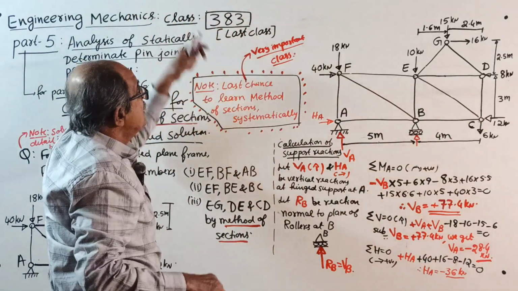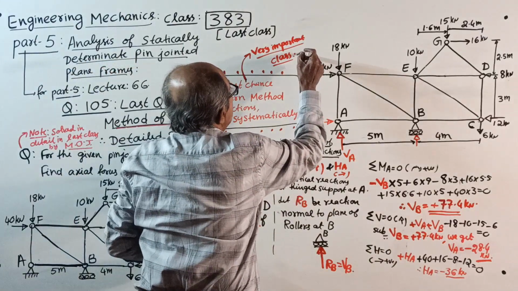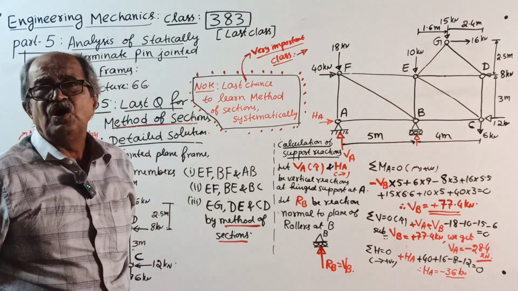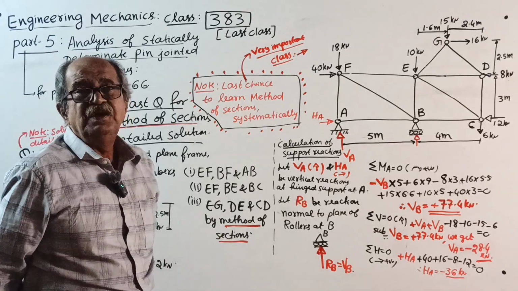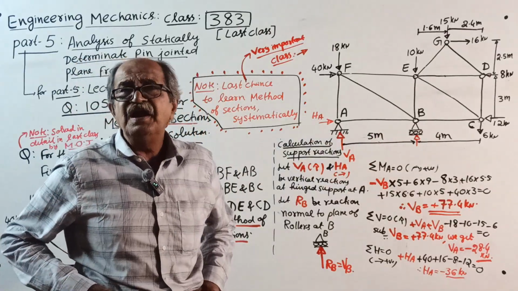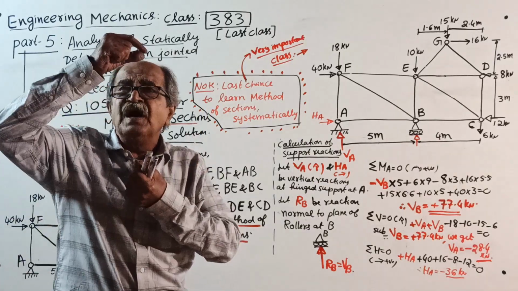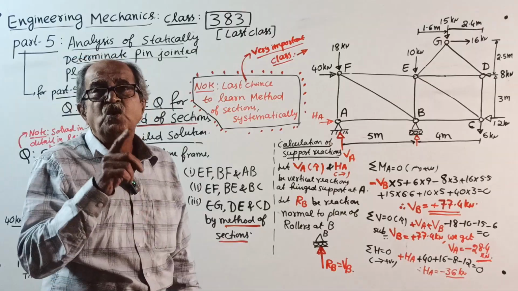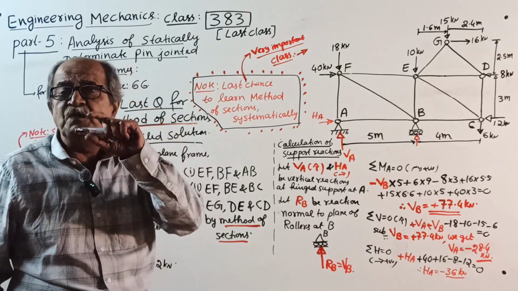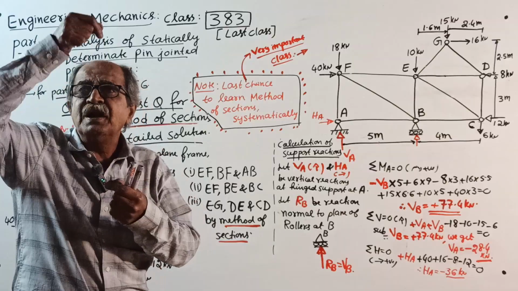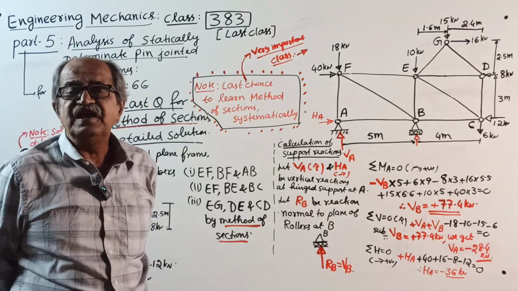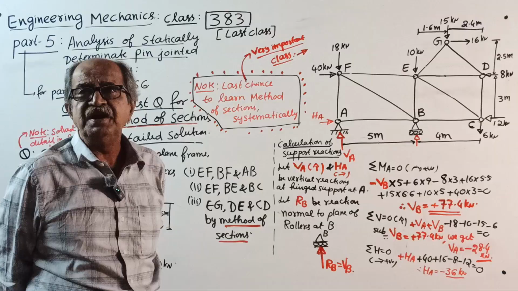Now, very important. Some statement you have to write. Class, I will continue. See, those who are serious should write. Whether it is method of joints or method of sections, if one hinge and one roller are given, you require support reaction. I already told you. In case both are given hinged support, with only one member attached to one of the hinges and no member connecting the two hinges, special case, it looks statically indeterminate but actually determinate.